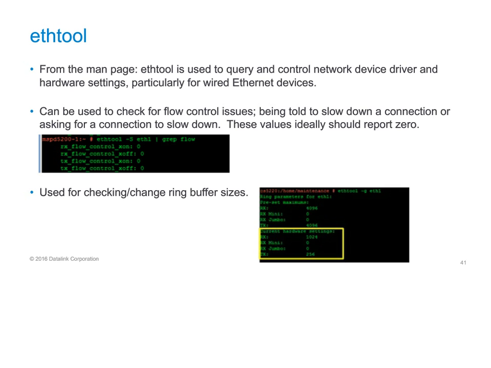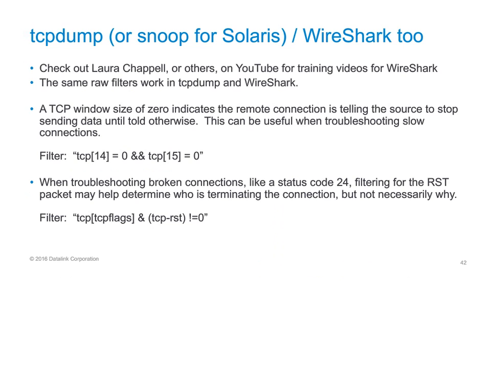Is the media server being told to slow down because it's sending data too fast, or is it telling the client to slow down because it can't process fast enough? Flow control stats should be 0, and if they're not, that would be a good indicator that something definitely needs to be looked at.